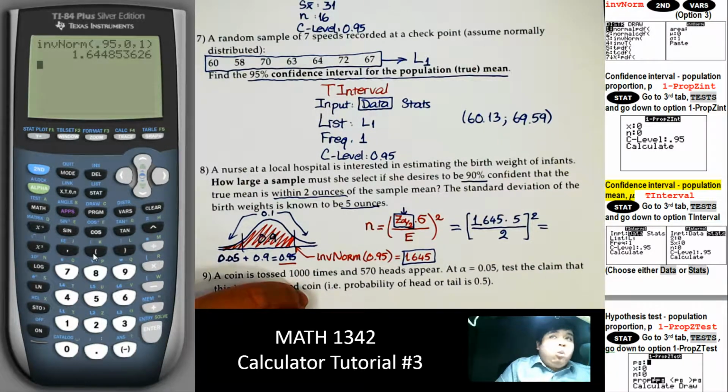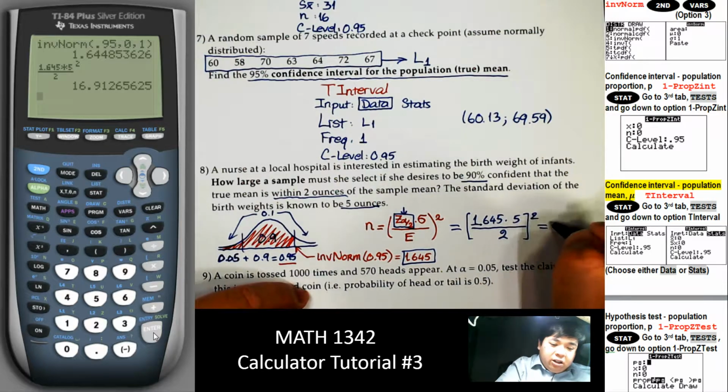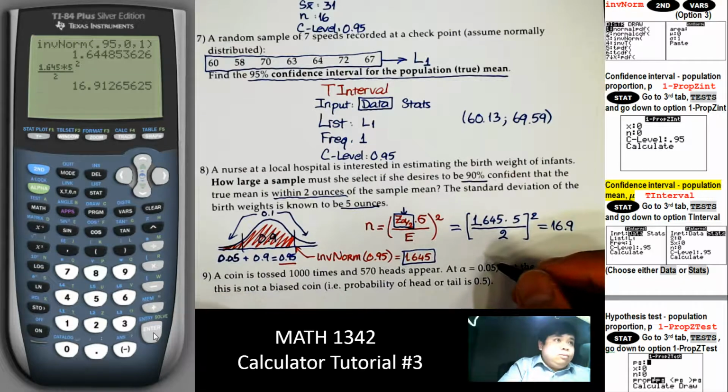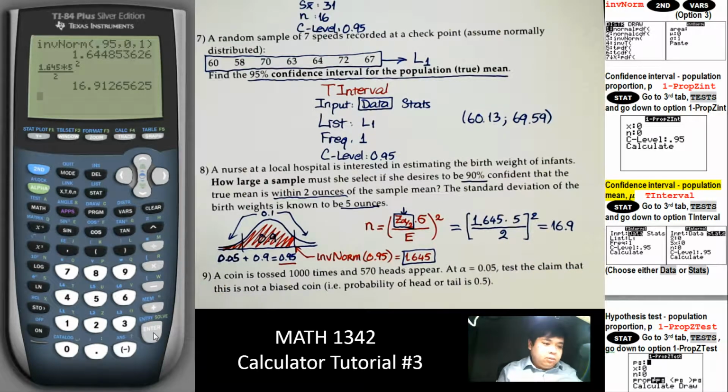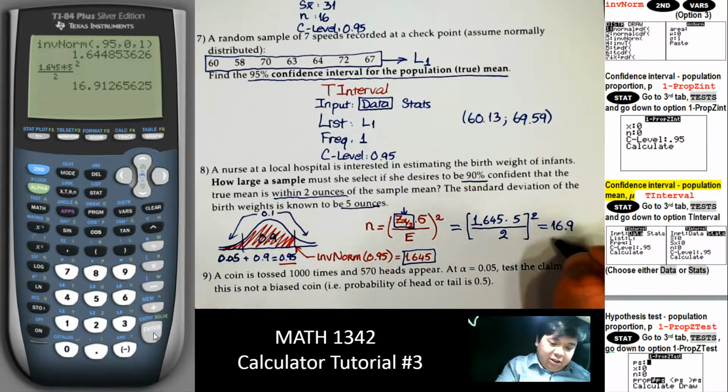So let's open parentheses and have a fraction: 1.645 times 5 divided by 2, close parentheses, and squared. We have 16.9, and that of course we're going to round up to 17.